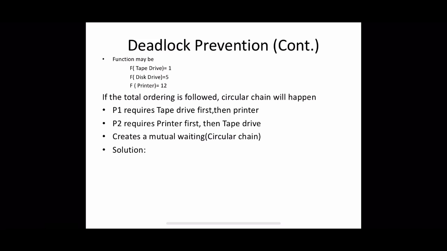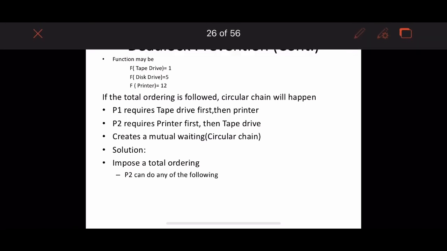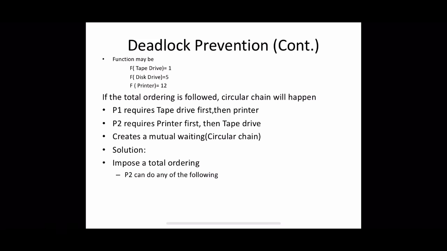Since the tape drive number is 1 and the printer number is 12, nobody can request the printer before any other one like the tape drive or disk drive, right? So P2 can never request first the printer then the tape drive, right? So it can do these two things.